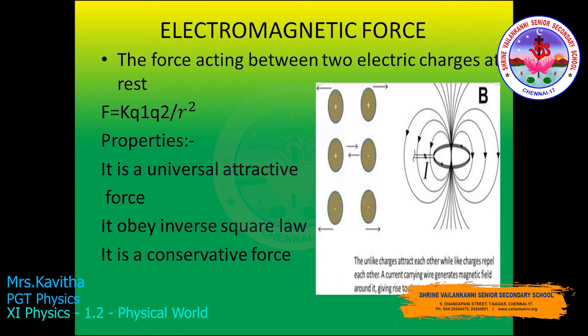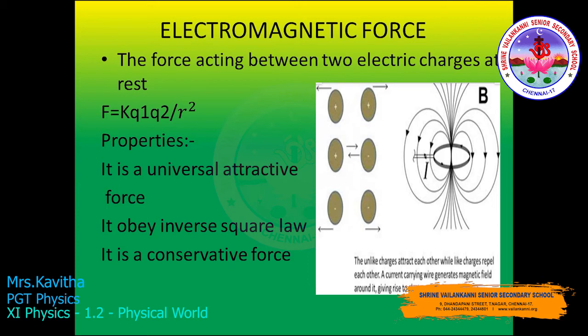So this force depends both on the magnitude and the direction of the velocity of the electric charge. So the electrostatic and the magnetic forces are inseparable and are considered two facets of one force, which is known as the electromagnetic force.